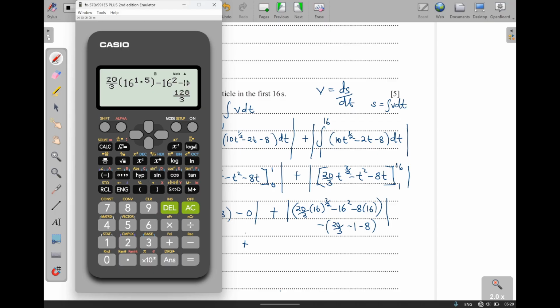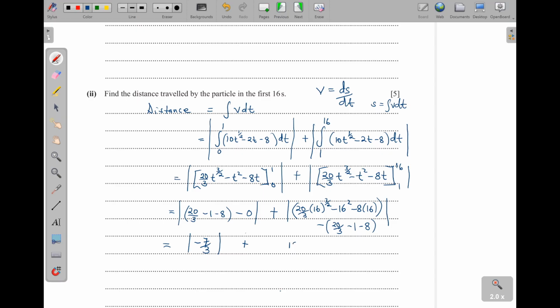This one gives us 128 over 3, then minus, of course the other one is negative 7 over 3, okay? So this one now will give us 7 over 3 out of the modulus.